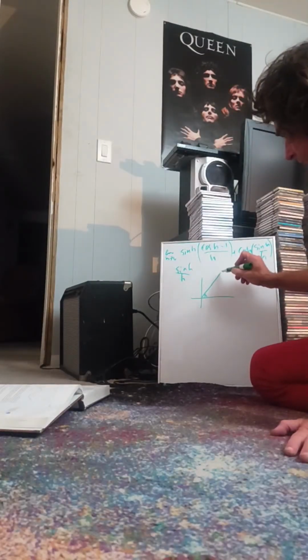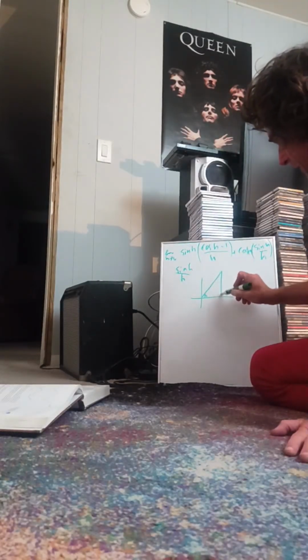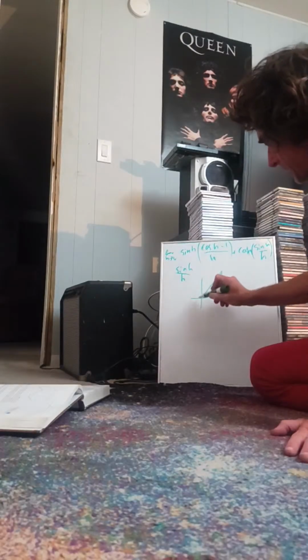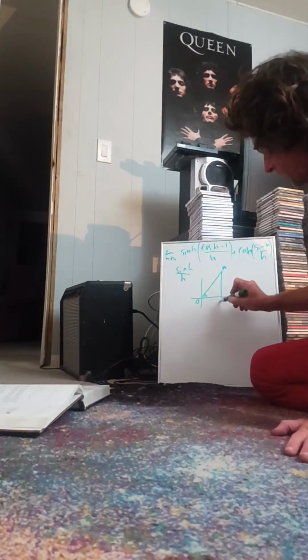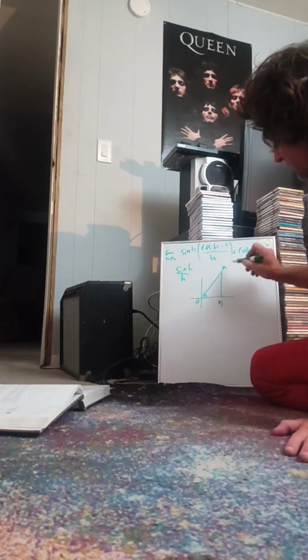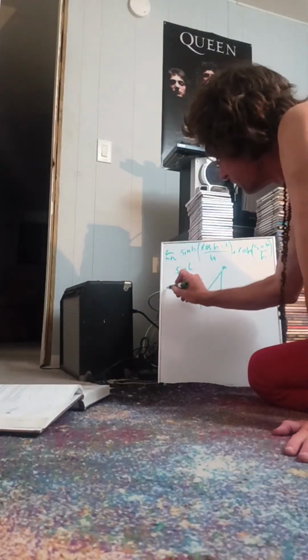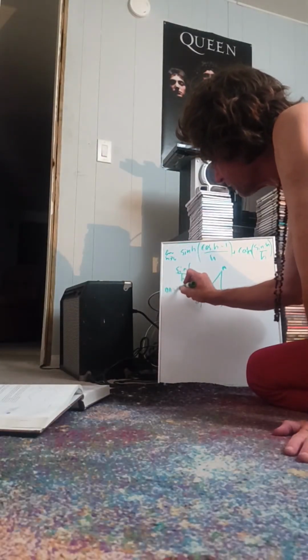And then you have this guy. We're going to call this O, this is going to be A, this is B, and this OA is 1. So OA equals 1.